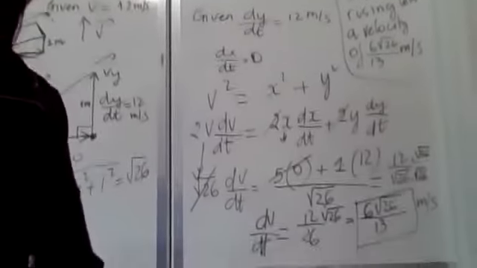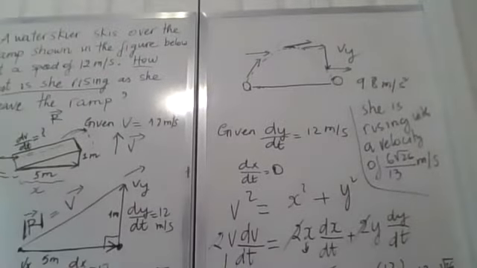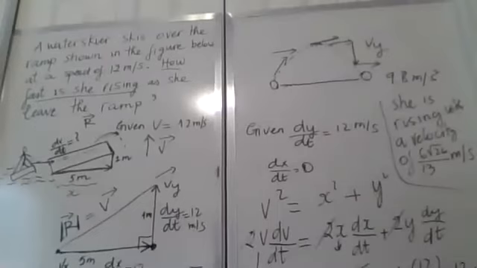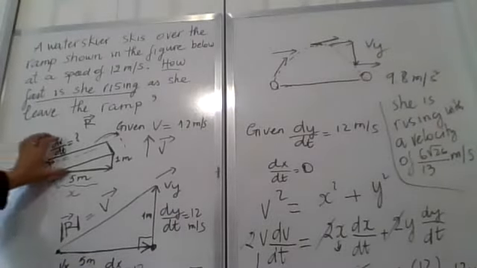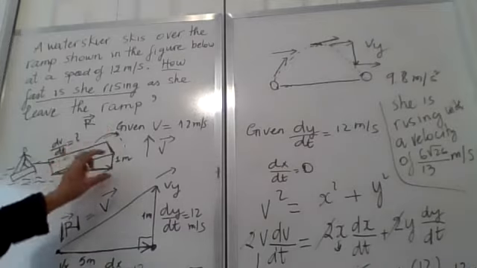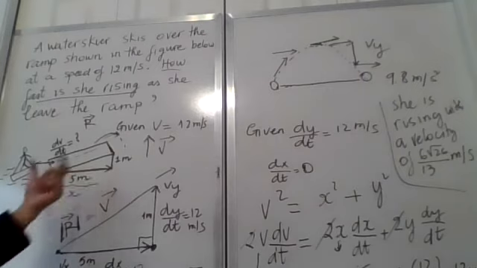So let's summarize a little bit, for better understanding. The question said there's a skier, she tried to ski over this ramp. The ramp has a height of 1 meter and a length of 5 meters.